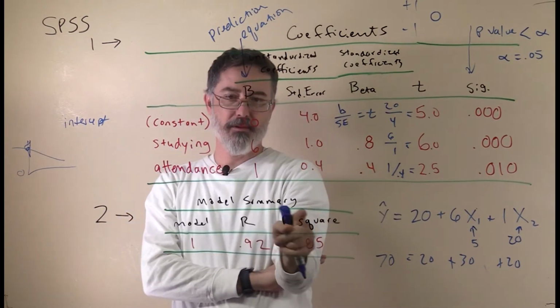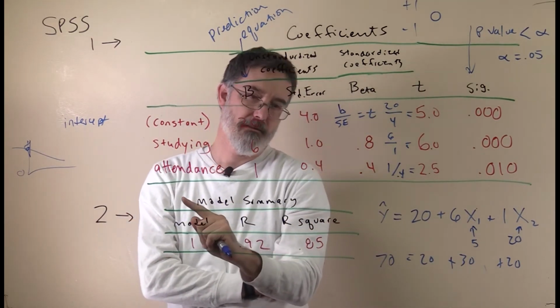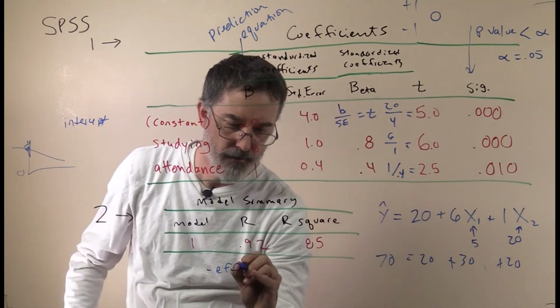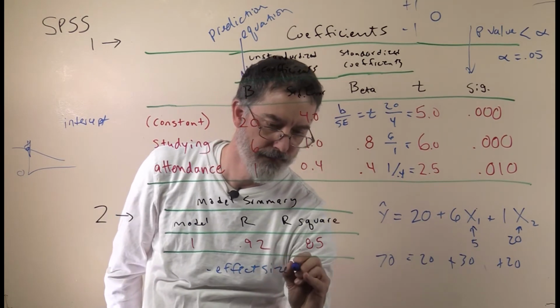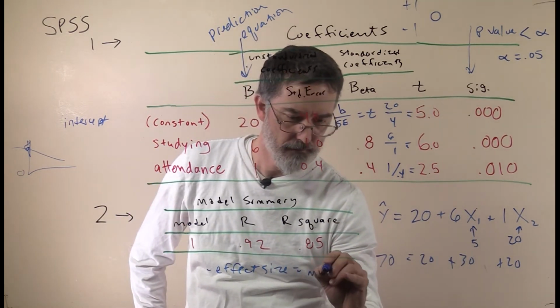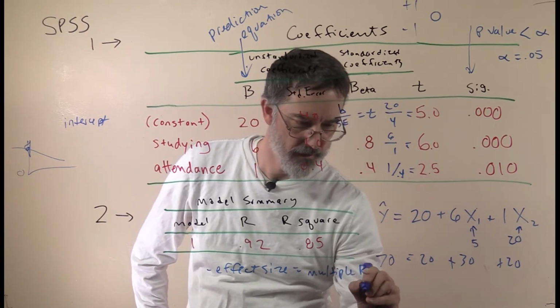Last I wanted to talk about this model summary table here. This is useful because it tells us our effect size for multiple regression, which is often called multiple R or multiple R squared.